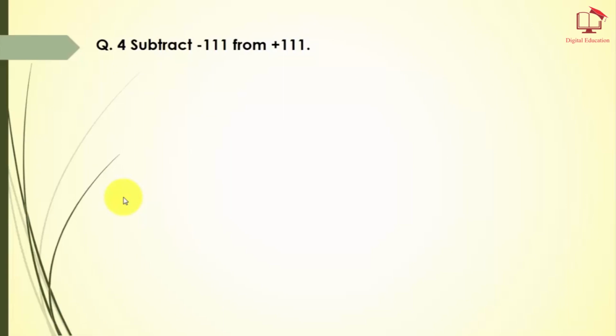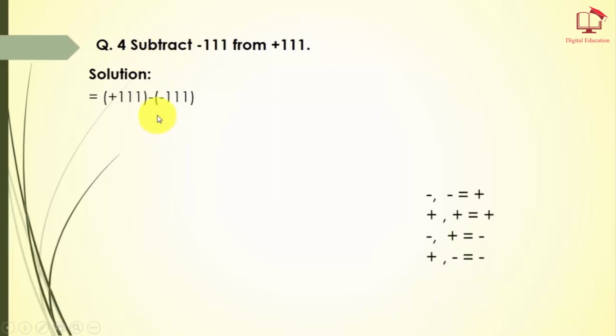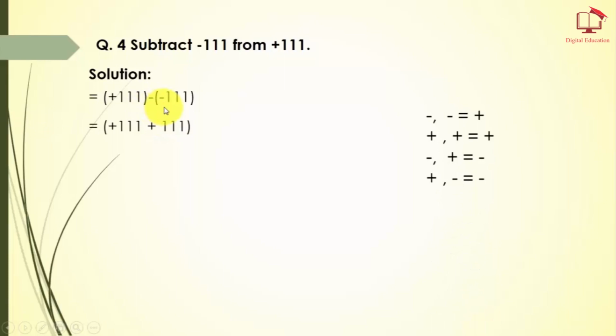Question number 4. Subtract minus 111 from plus 111. Firstly we will write this integer. You can see here this integer, then the minus symbol because we want to subtract these numbers, and then these integers. Again minus minus is equal to plus. I am again repeating this minus and this minus.